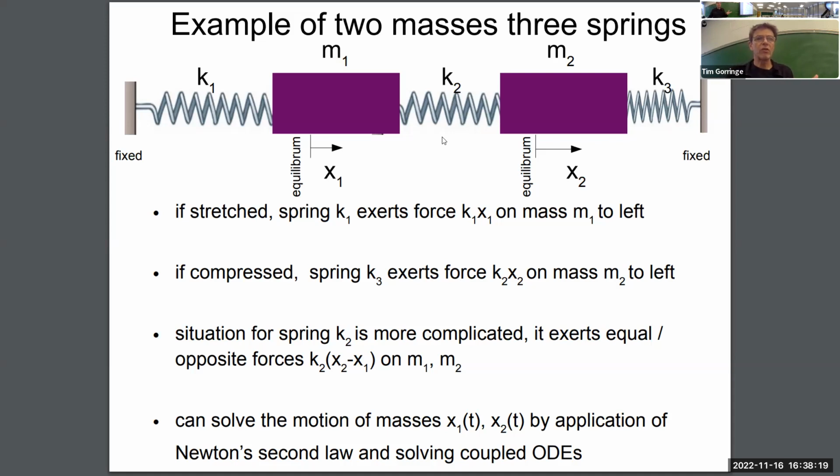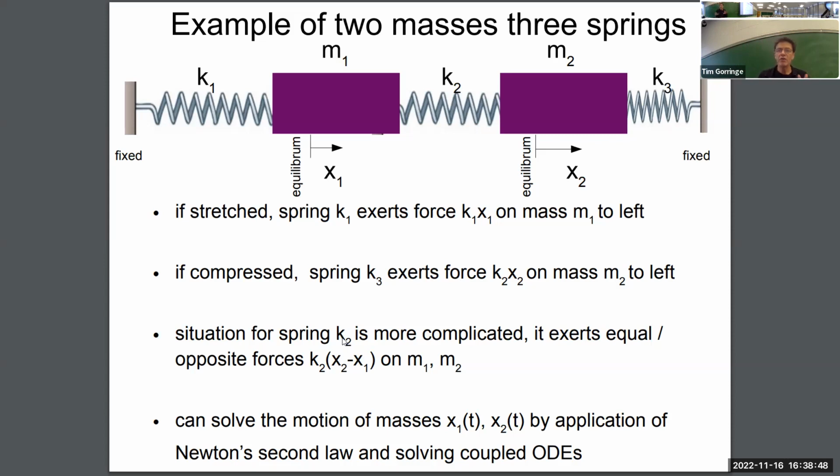It will exert equal and opposite forces on the masses on the left and right of it, and the size of the forces that are exerted on the masses at the two ends of that spring is determined by its spring constant and the net stretch or compression of that spring. And so that's the situation for the third force.